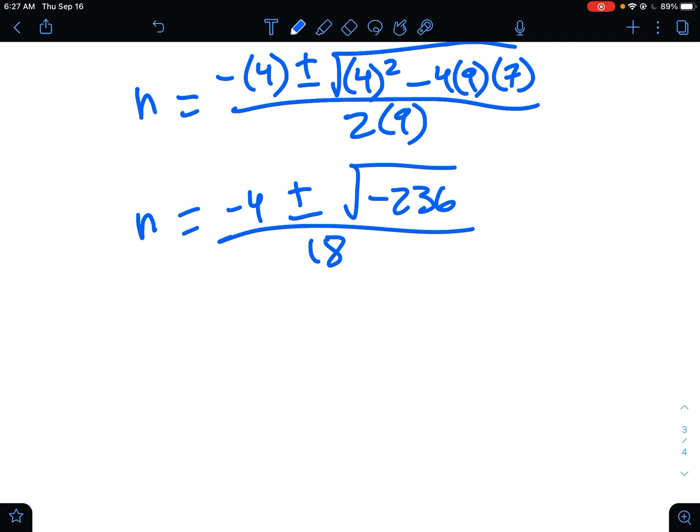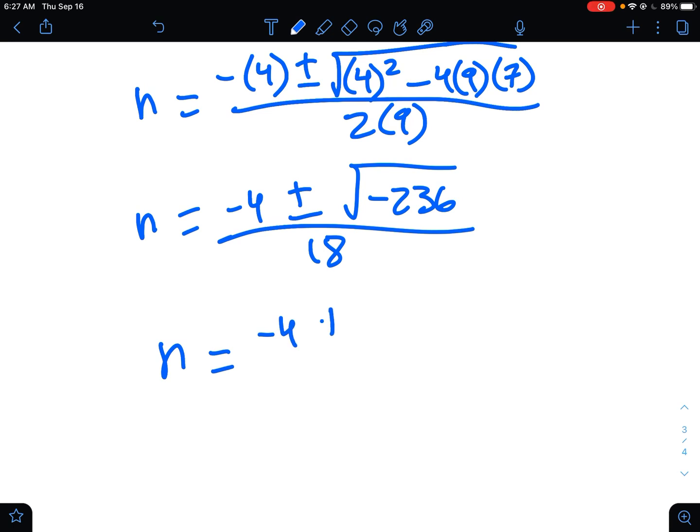And that's because this is non-real. And in math, real is a specific kind of number. There's no real number that you guys would be familiar with that, when you times it by itself, you get a negative. And so what we have to do is actually rewrite this using imaginary number notation.